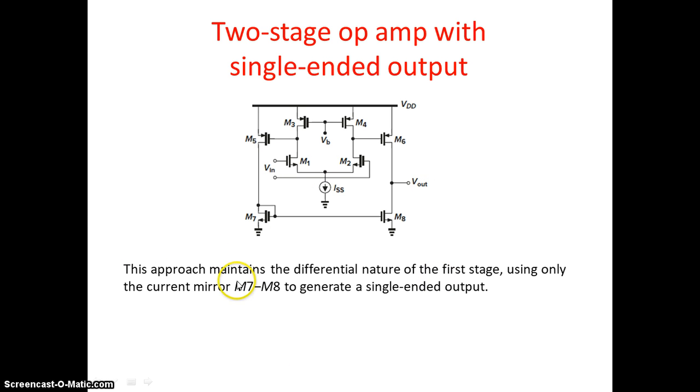This circuit maintains the differential nature of the first stage, using only the current mirrors M7 and M10 to generate a single output. That means earlier we were biasing M7 and M8 with constant voltages. Here we use a current mirror circuit to get a single-ended output.